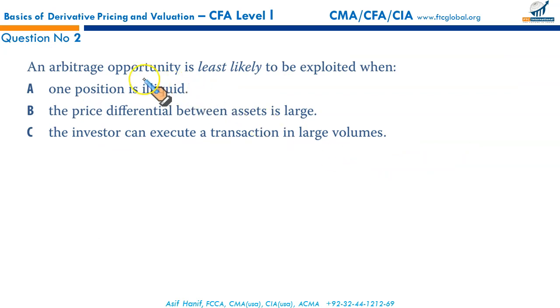Next, an arbitrage opportunity is least likely to be exploited when one position is illiquid. Well, that's a correct option, because if the position is illiquid, it will be nearly impossible or difficult to realize gains by disposing of this illiquid position.